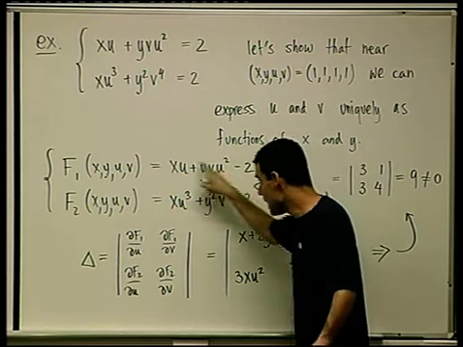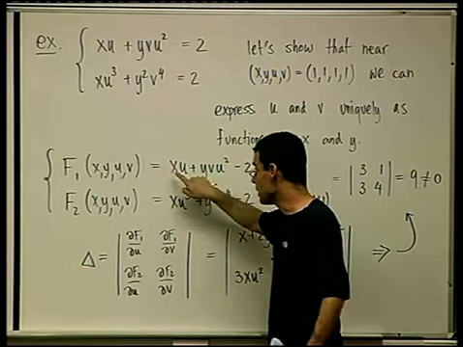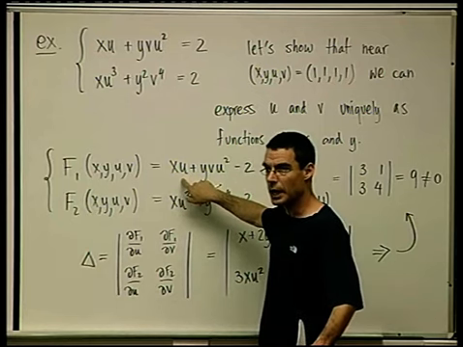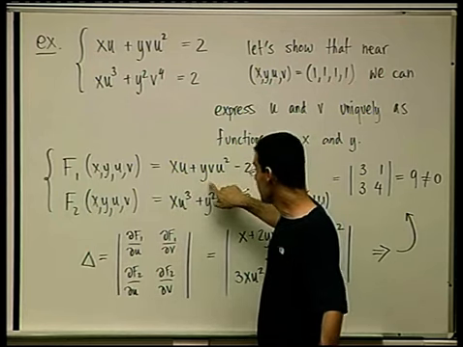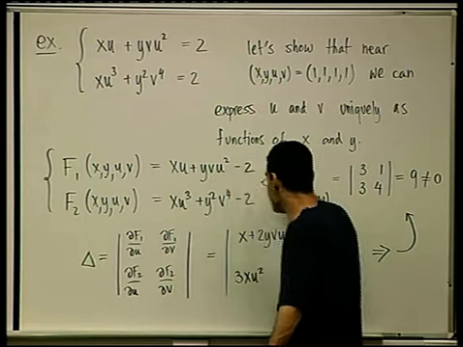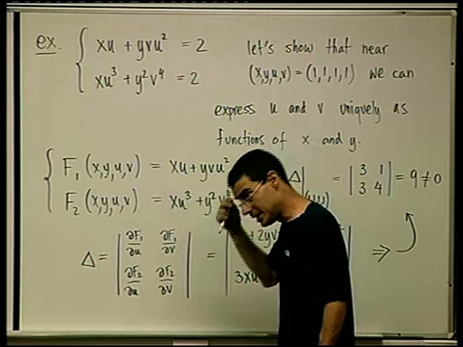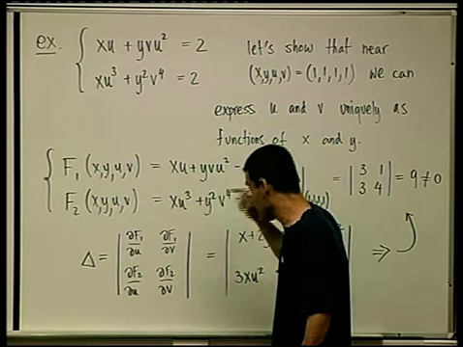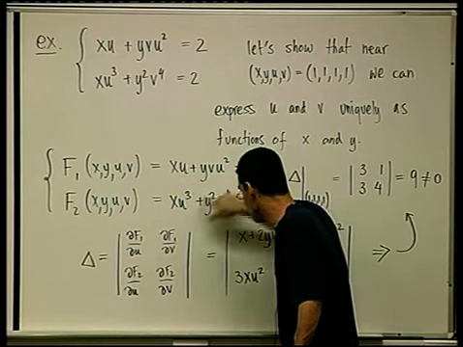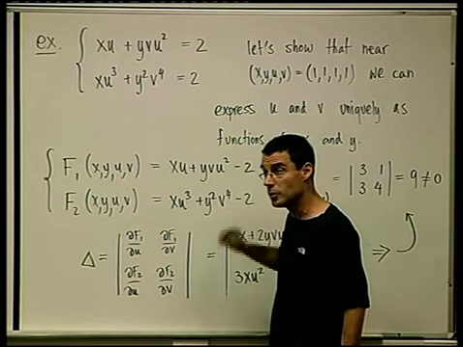How am I going to do it? I'm going to take derivatives of everything here, thinking of x as x, u as a function of x and y, y as y, and v again a function of x and y. Looking at this, I only see an x here. But looking more carefully, I see x's all over the place, because u and v are now functions of x and y.